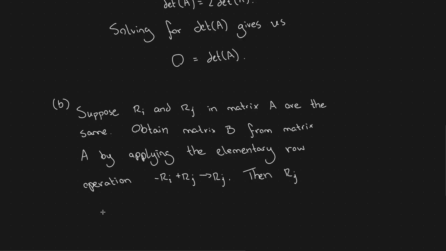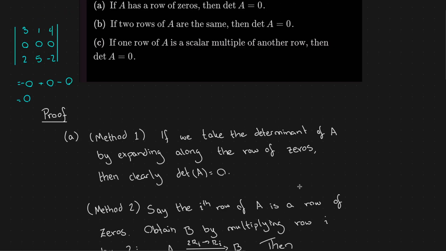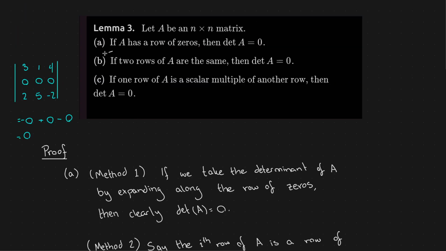Then row J in matrix B is a row of zeros. Okay, and what do we know about matrices with a row of zeros? If a matrix has a row of zeros, then the determinant of that matrix is 0.